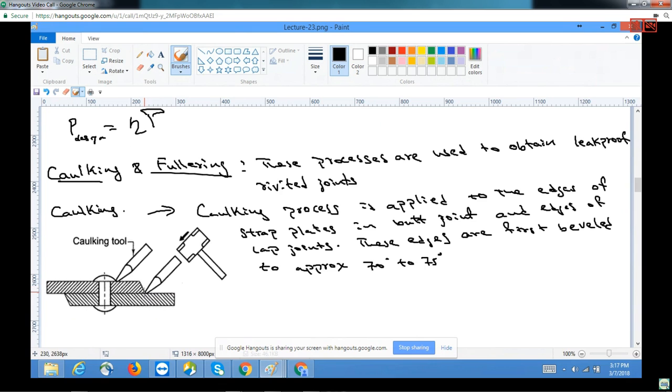So can you see? These edges are 75 to 70 degrees.